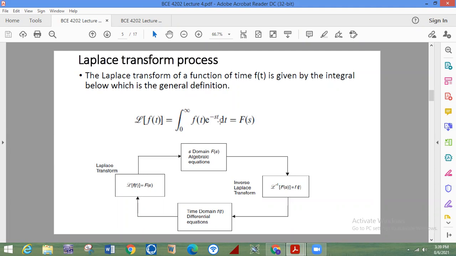Then you'll be able to change your differential equation from time domain into s domain. This is a general equation and we should take note of this. This is a review. I hope we've done this in engineering mathematics before.